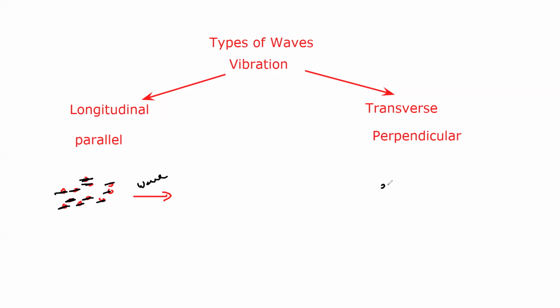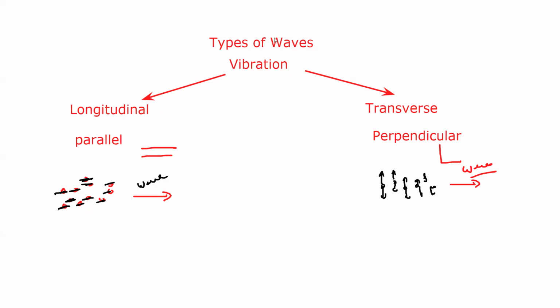But what if we observe a group of particles vibrating up and down, but the energy transfers either towards right or left? If the direction of the wave and the direction of the vibration are perpendicular, or 90 degrees, we call that a transverse wave.